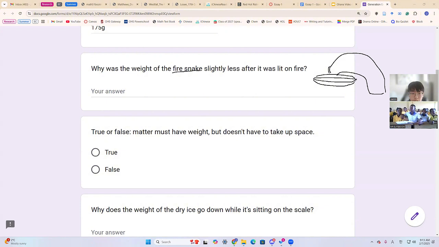So in this experiment, why was the weight of this fire snake slightly less after it was lit on fire? Does anyone remember that?